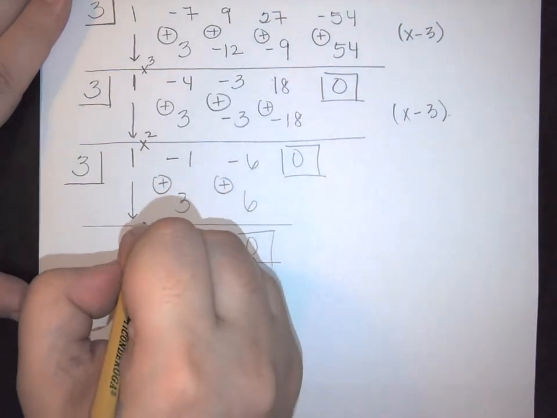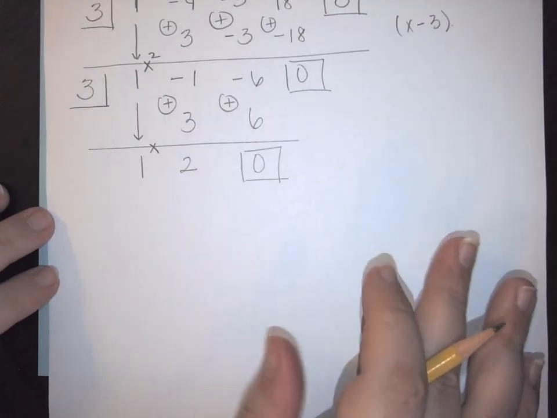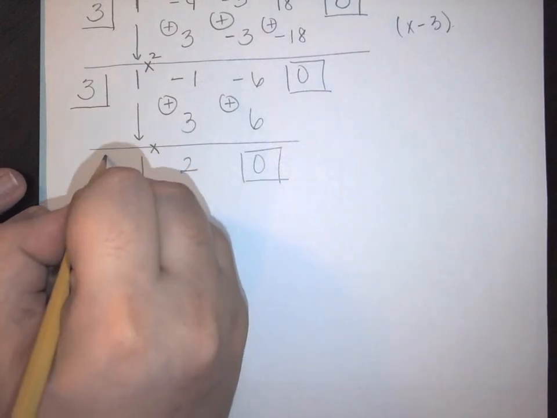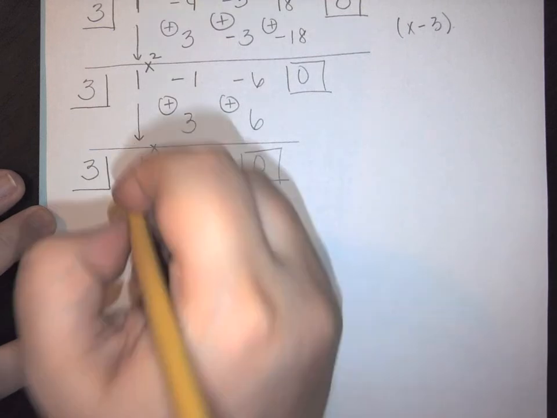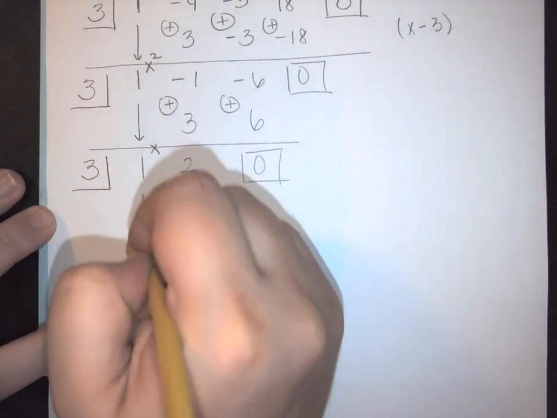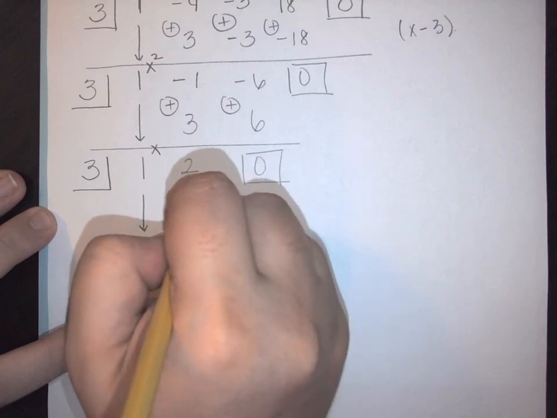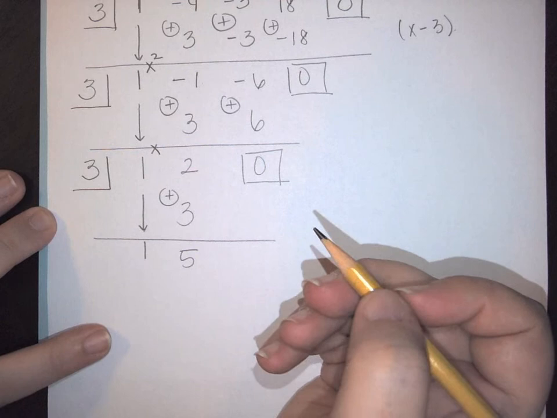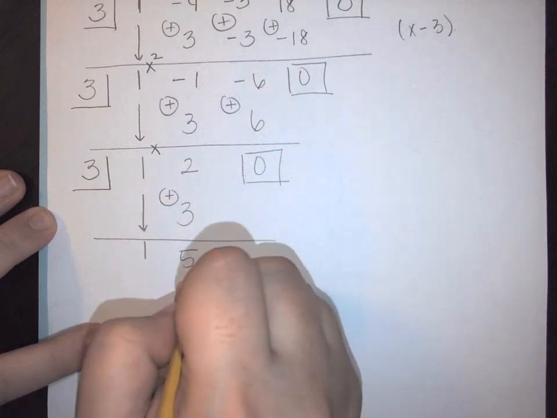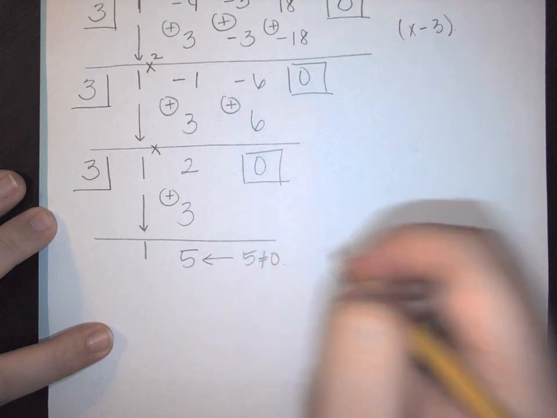So I've dropped from x squared down to an x. Now, here's what some students end up doing, and this is okay. The rule says you keep testing a 0 till it fails. So we bring this down as a 1. 1 times 3 is 3. Add this together and I get 5. Notice this right here, 5 does not equal 0.